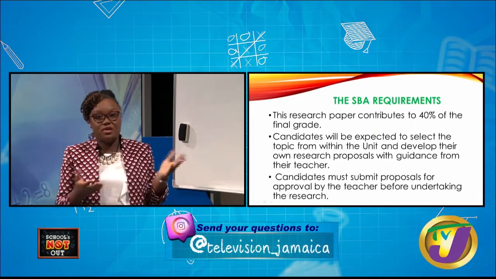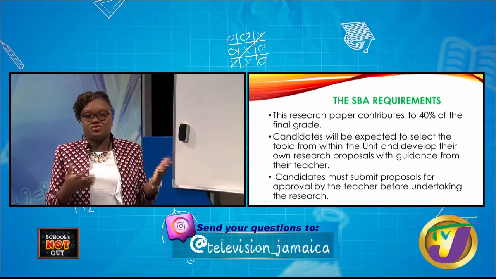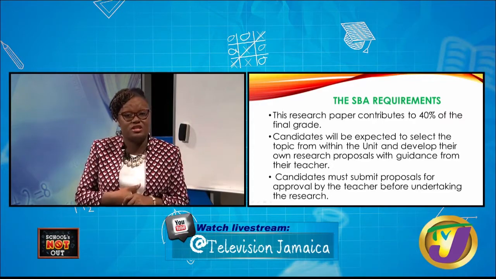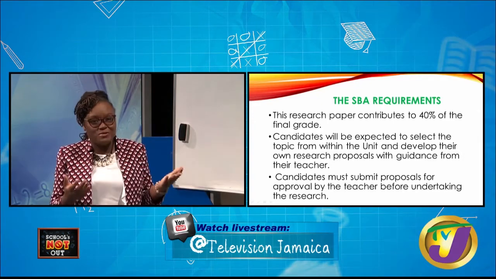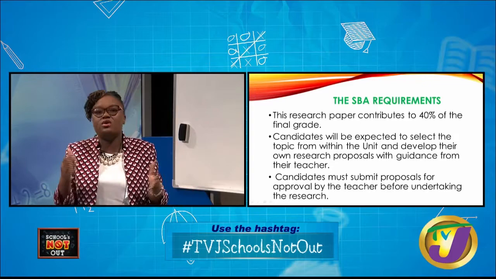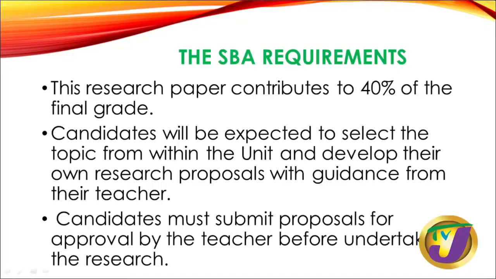Are you an athlete? Does sports interest you? Are you concerned about women's rights and those kinds of things? Maybe you want to look at gender. Are you a lover of culture like myself? Then perhaps you want to look at something related to culture, religion, you name it, then you can choose your SBA topic from any of those areas under Caribbean Studies.